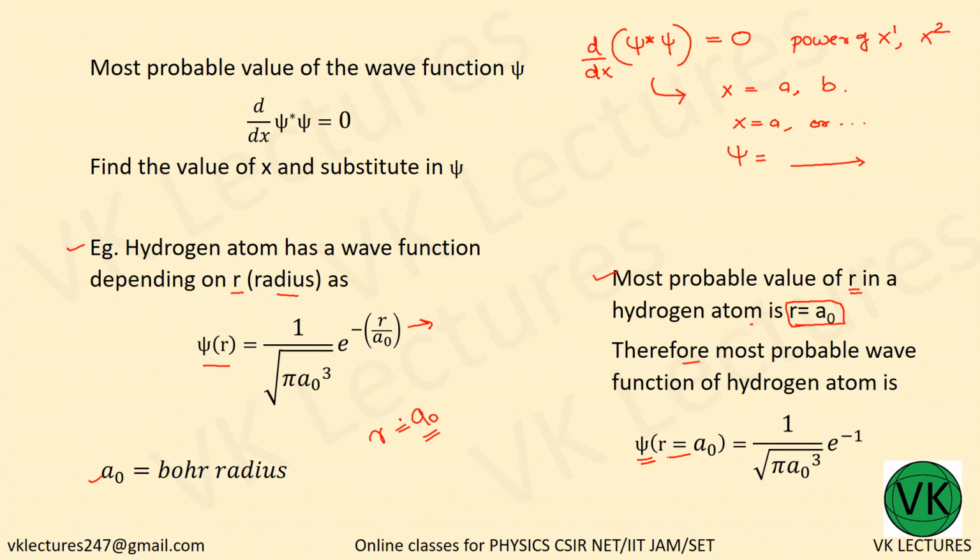So this is the most probable wave function for the hydrogen atom, which is 1 divided by root of pi a naught cube into e to the power minus 1.